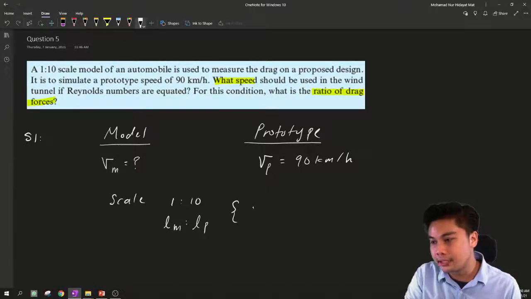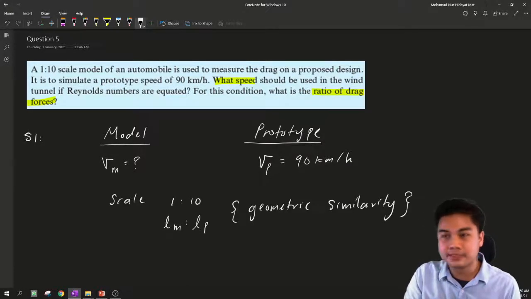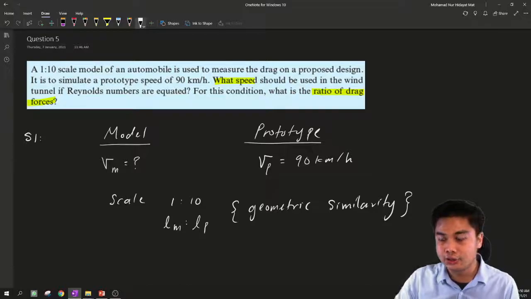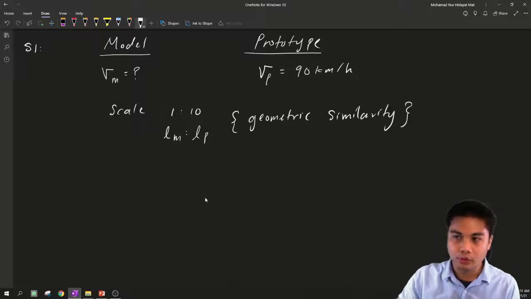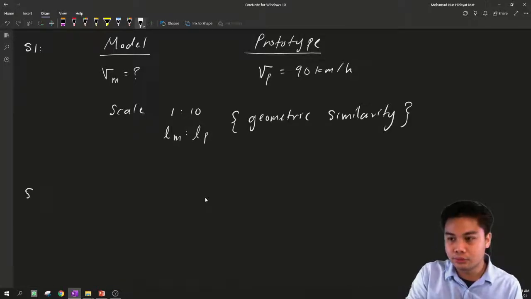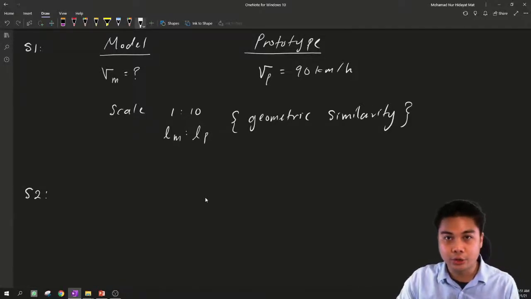This is geometric similarity. In order to have similitude, the model and the prototype should have similarity in terms of geometric ratio. So step number 2, we need to equate the Reynolds number.